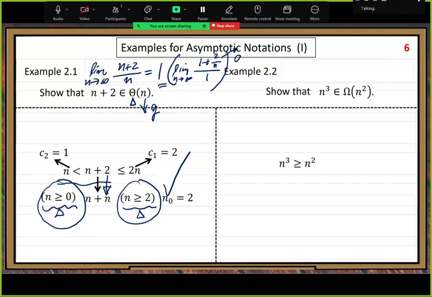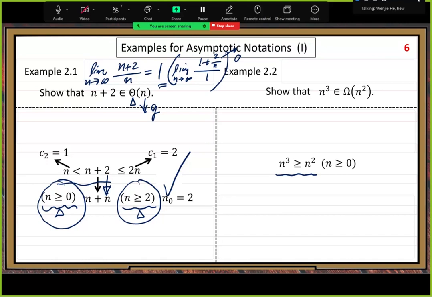When we talk about big omega, we do not look at the upper bound, we only look at the lower bound. How to get a constant C such that n cubed is greater or equal to C times n squared? Our goal is to see n cubed greater or equal to n squared.